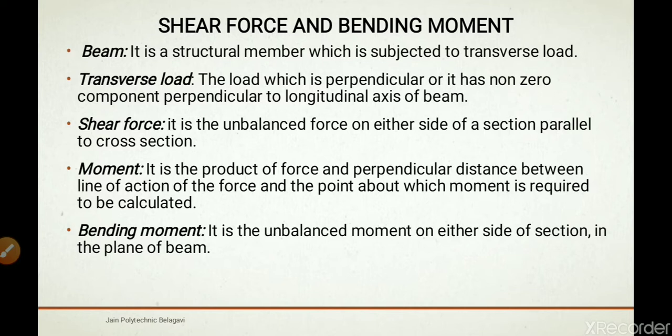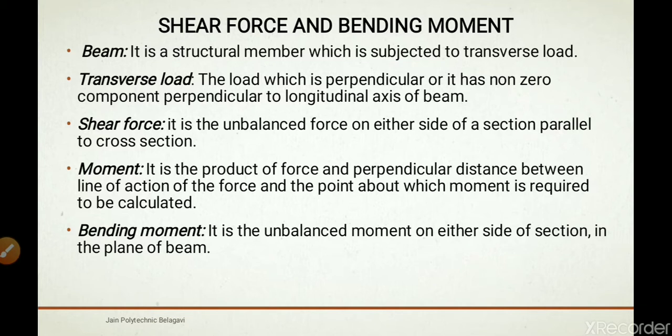Shear force and bending moment are observed in designing of beams, slabs, columns, footings, in all structural elements.